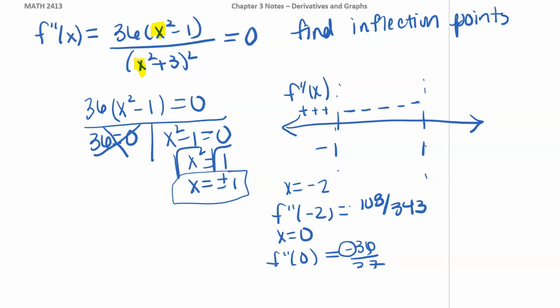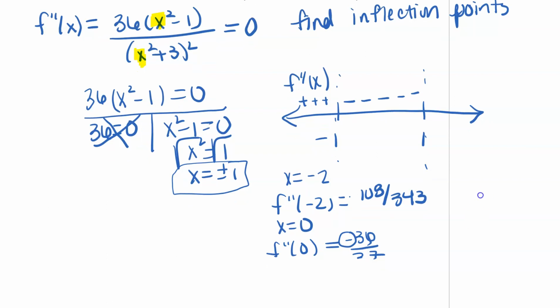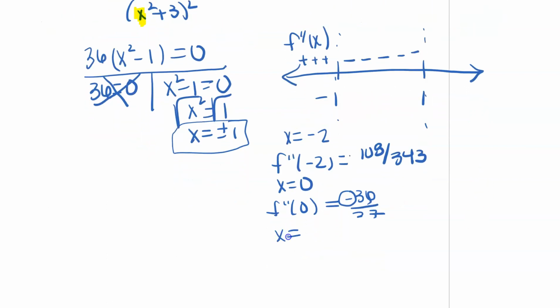And so that means between negative 1 and 1, I have negative values. And then I'm going to plug in bigger than 1, let's pick 2. So f double prime of 2 would be equal to 108 over 343. And that is a positive. That's more of what I'm concerned with. So I get positive values over here.